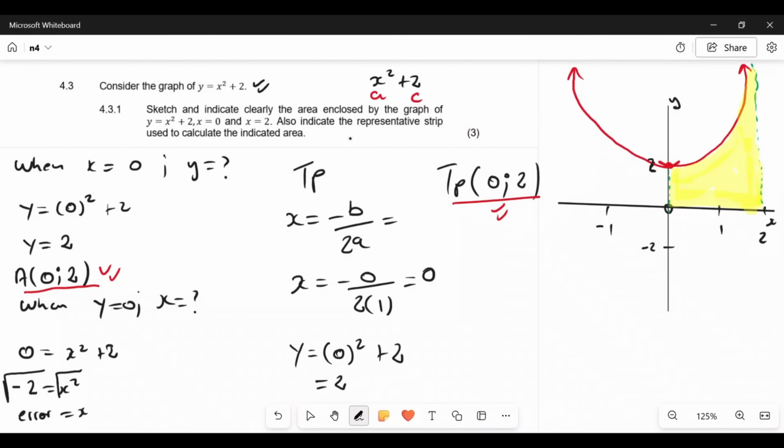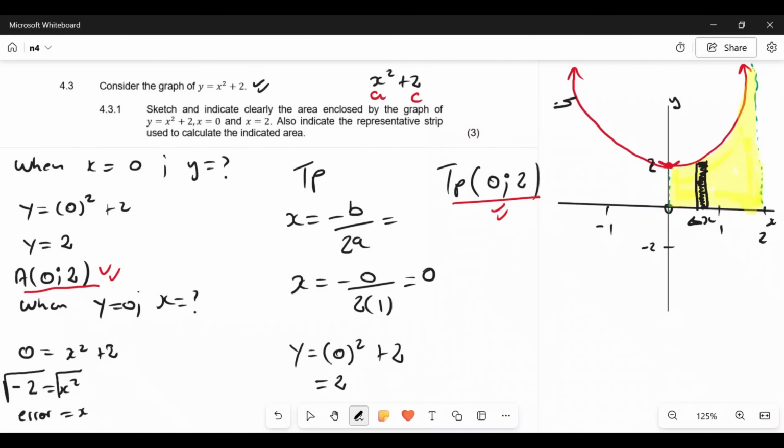Now, they also want us to show the representative strip. The representative strip, you can put it anywhere between 0 and 2 on the x-axis, and then show the strip there, right? So I'm going to put it here, change in x. So this question, 4.3.1, is exactly what they were looking for.